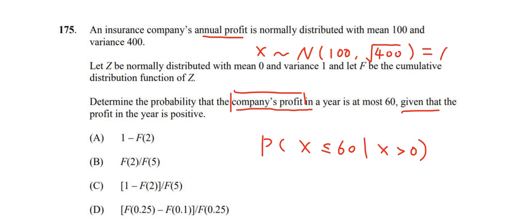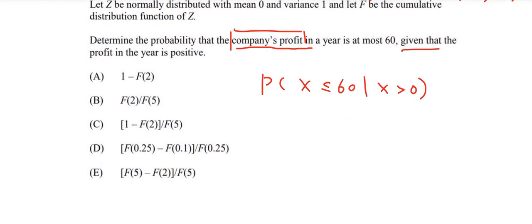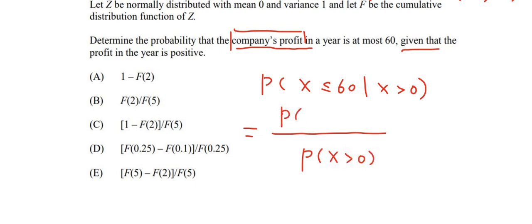So these follow such a normal distribution, mean is 100, standard deviation 20. So this probability becomes P(x larger than 0 and x between 0 and 60).